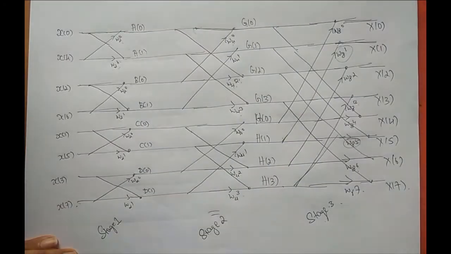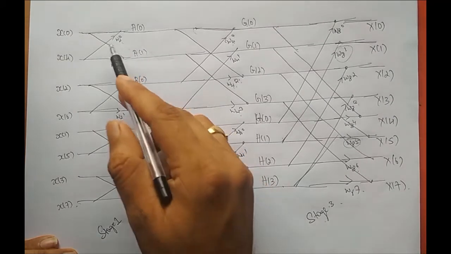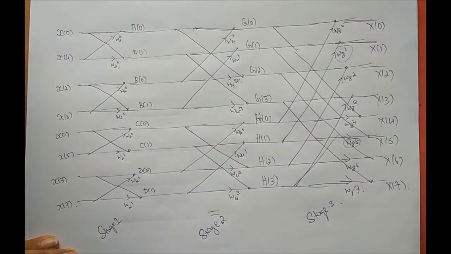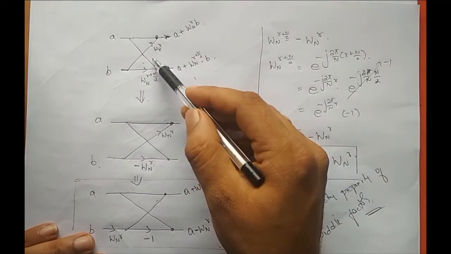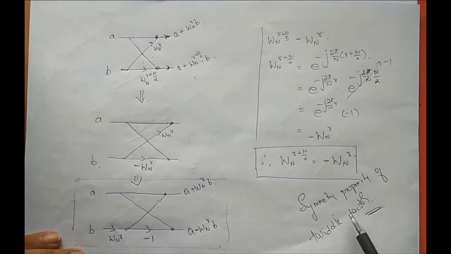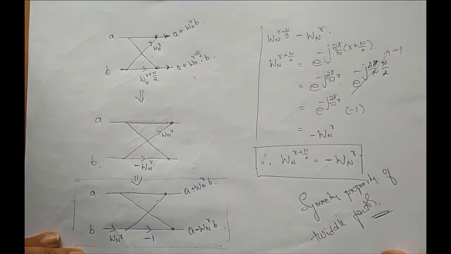So we are going to replace every butterfly in the signal graph with this butterfly. Why? Because we showed that this butterfly is equal to this butterfly using the symmetry property of twiddle factor.